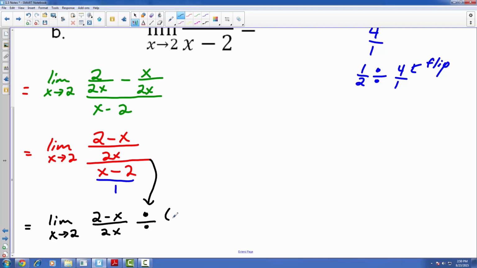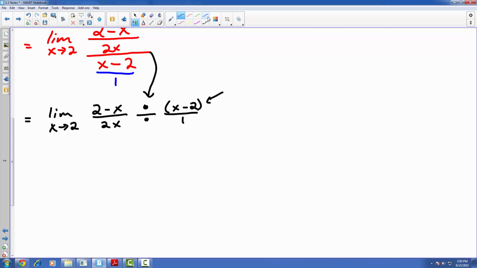And then we have x minus 2 over 1. And just like we did over here, we're going to go ahead and flip this second piece and then change that to a multiplication.